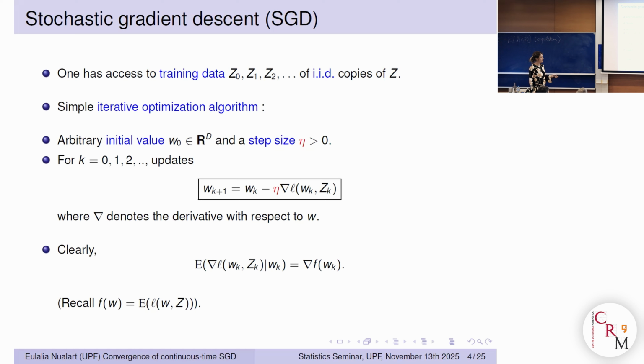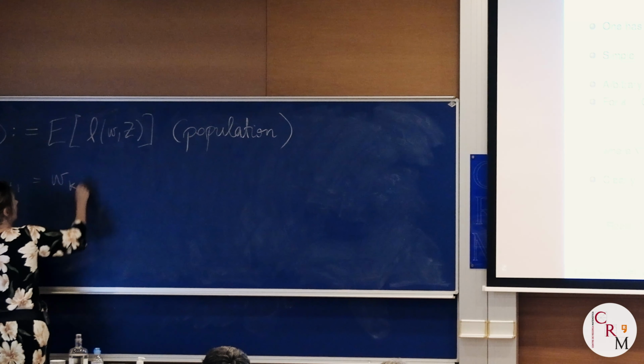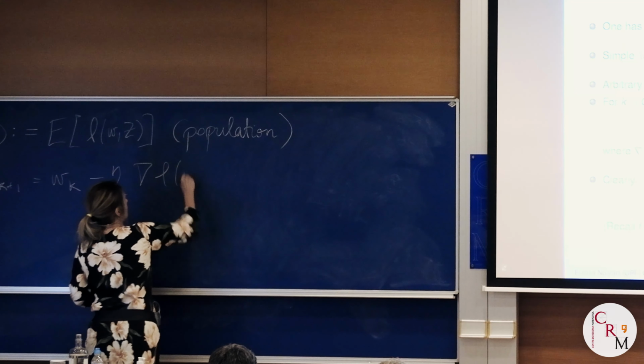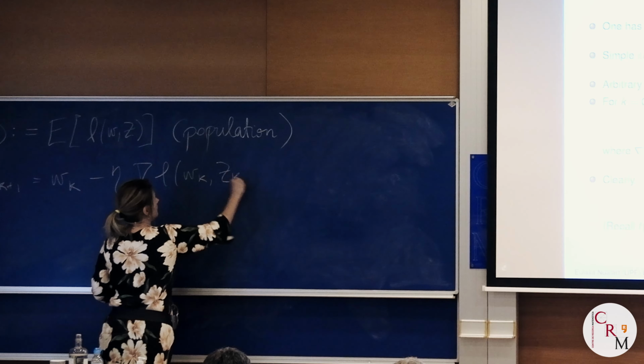At each iteration, you choose an IID copy of Z. The gradient is always with respect to W, of course; to simplify the notation I just write gradient. So the update is eta times the gradient of L at W_k, Z_k.